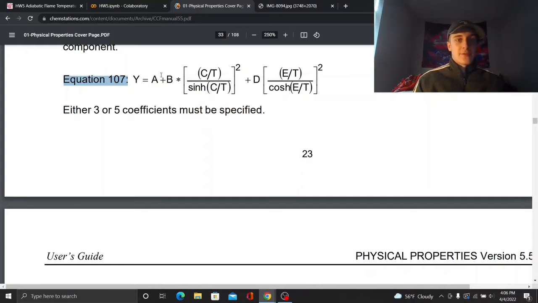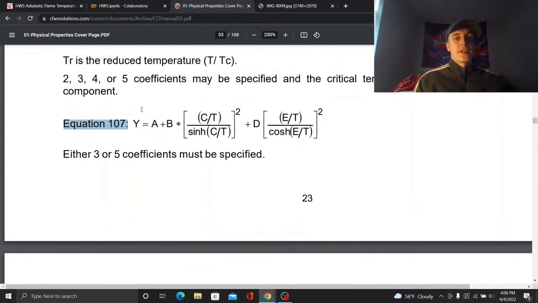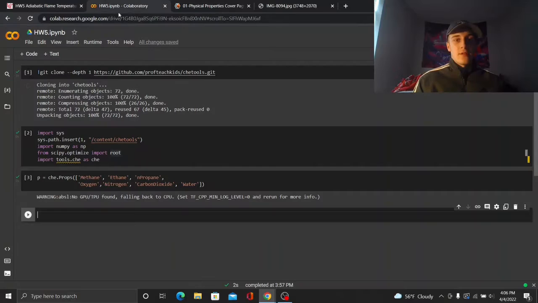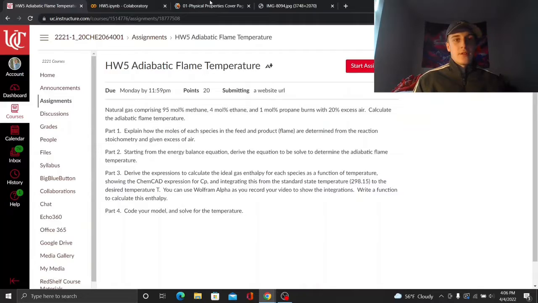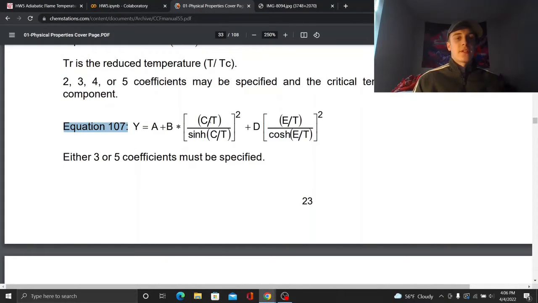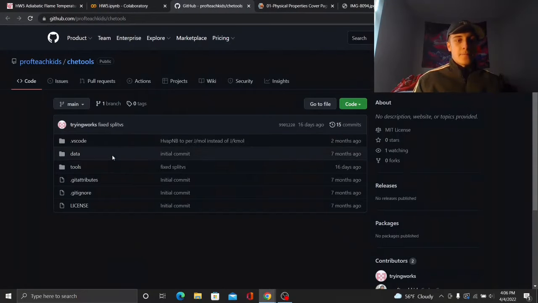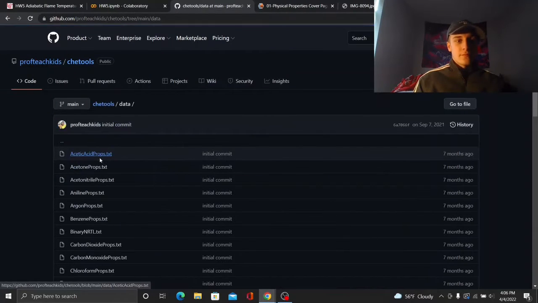And basically what it is defining is our specific heat, CP, and it's using the temperature to calculate that. So these coefficients A, B, C, D, and E are all in our CHE tools data.